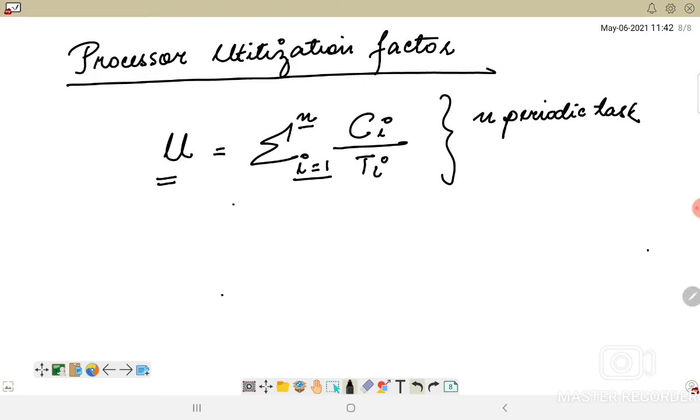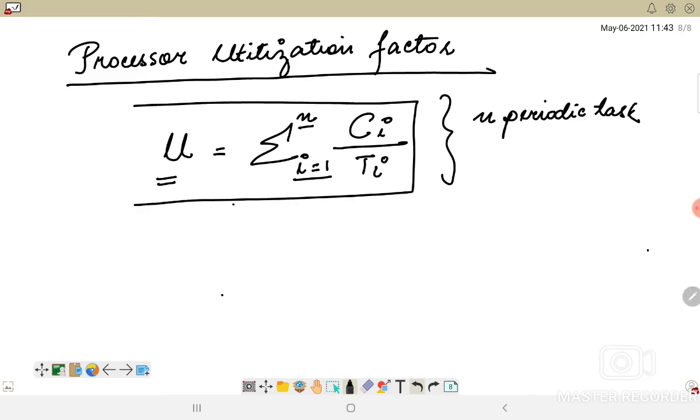Ci represents the execution time, and Ti is the time period. So execution time by the time period. Similarly, for n periodic tasks, we can represent the utilization factor as this.